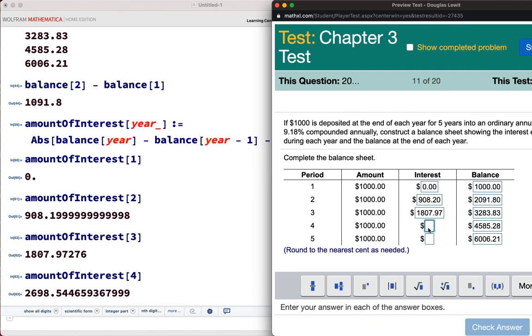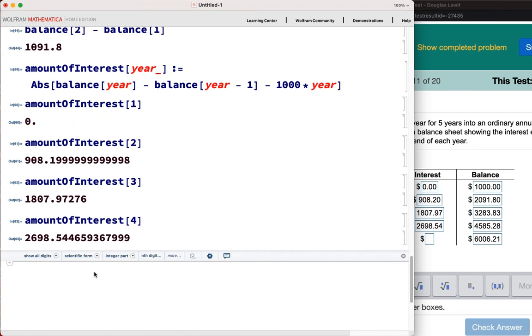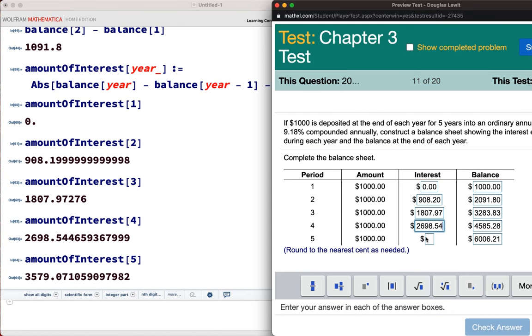This would be $2,698.54. And this would be, okay, so actually, guys, these numbers are really way too big. And I'm going to explain, okay, something's really wrong here, and I'll explain why in a moment. $3,579.07.